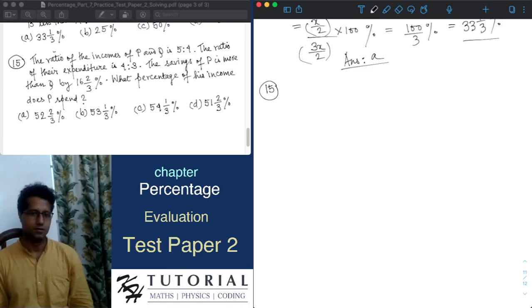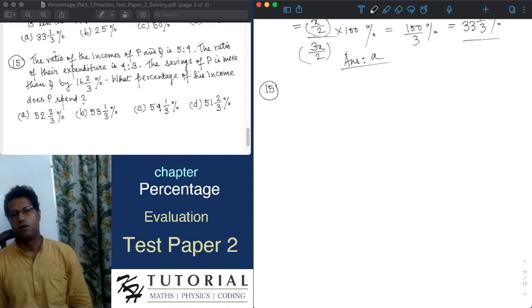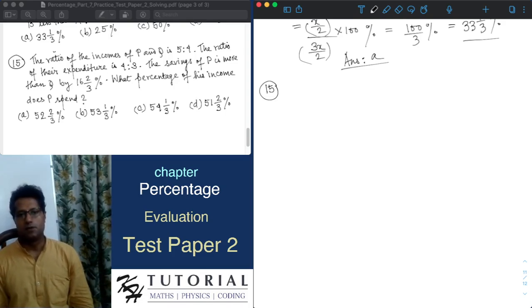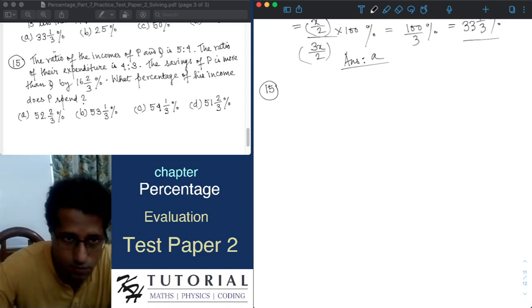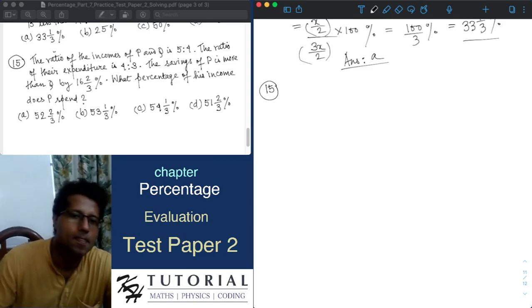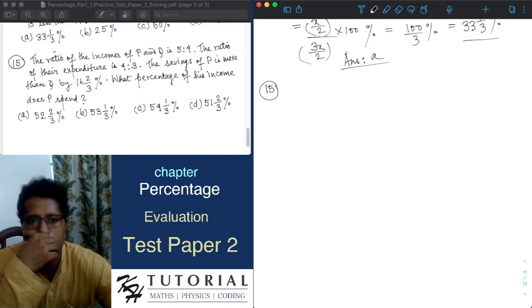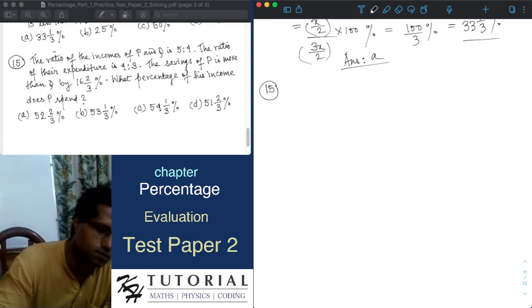So it is asking what is the percentage of P's expenditure of his income.